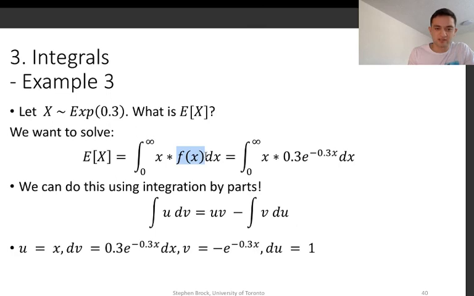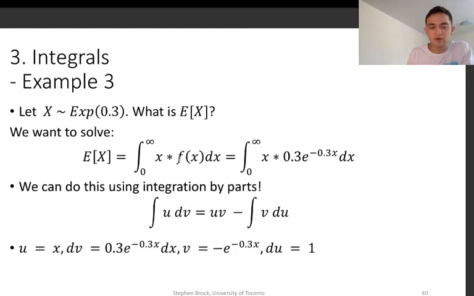This is a probability density function, so it doesn't quite behave like a probability mass function, but we can interpret it like that for this case because we are summing over all values of x. And then we have dx.